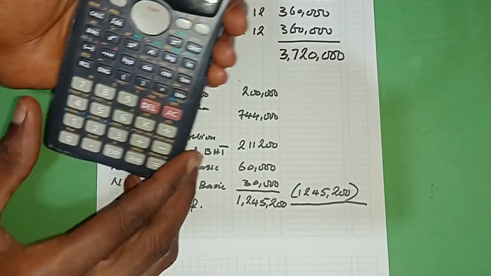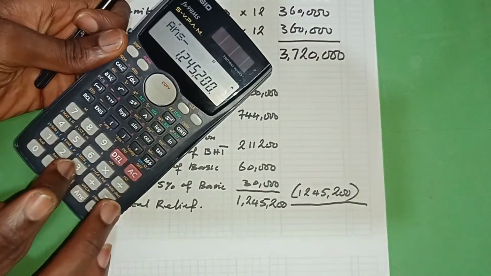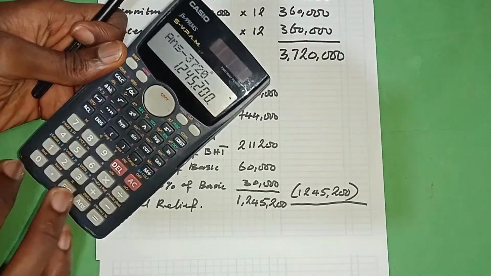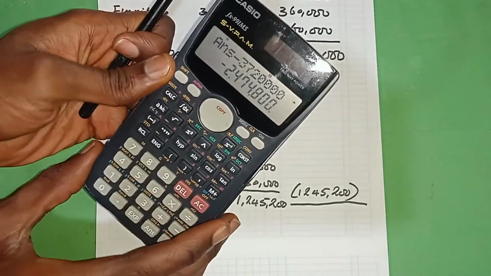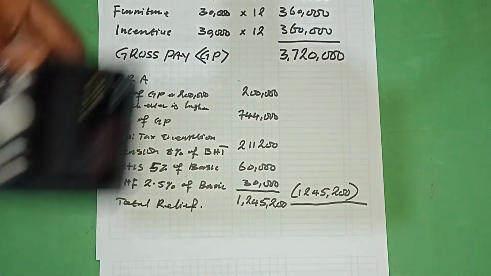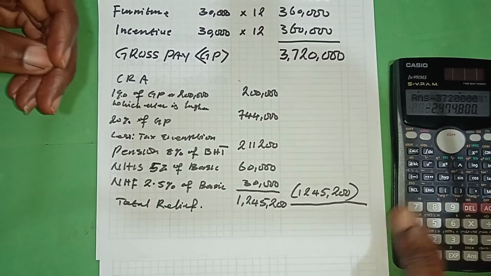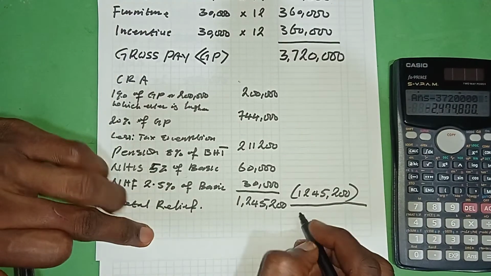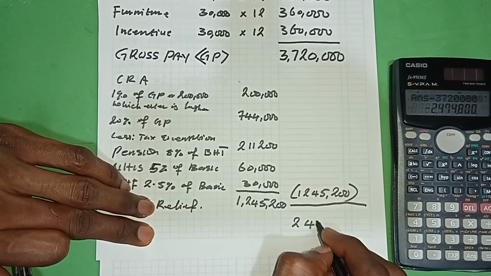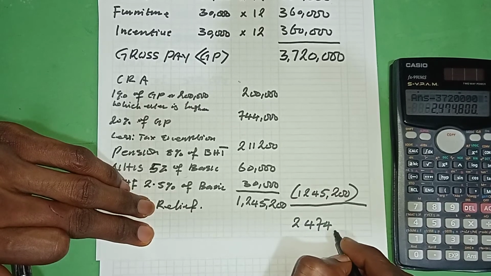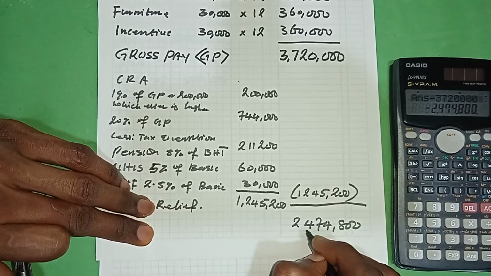Now let's do it again. This minus the relief will give you 2,474,800.